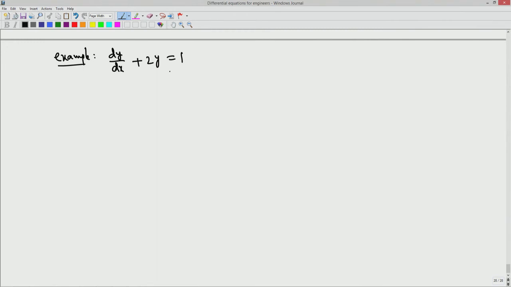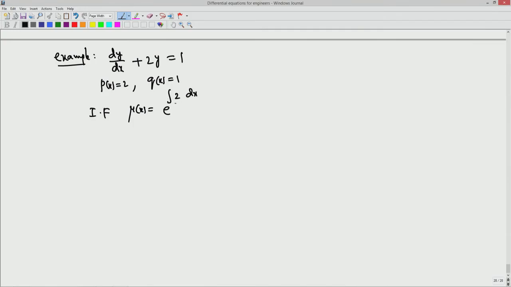This is the linear equation whose solution we are looking for. So P(x) equals 2, a constant, and Q(x) equals 1, which is also constant. So the integrating factor is mu of x, which is equal to e power integral of 2 dx.